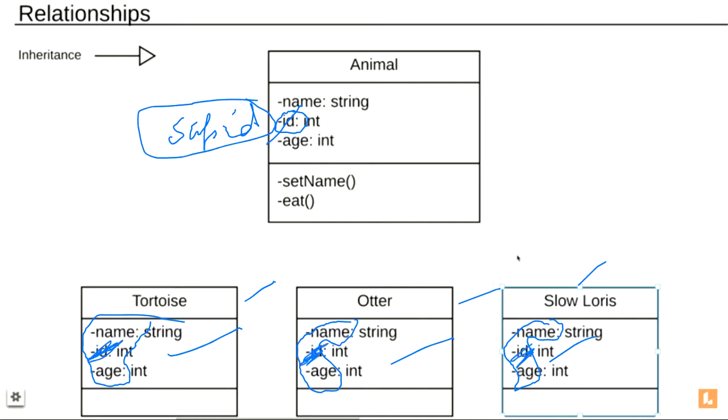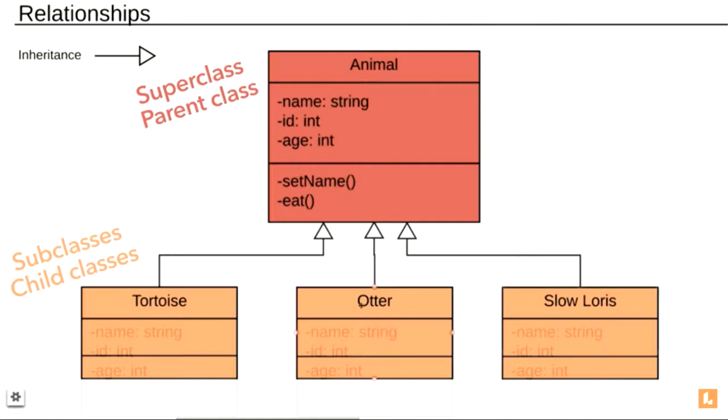Suppose you have thousands of classes, then you have to rename it again and again in thousands of classes. Instead of that, if you just directly do this inheritance, then you need not write these attributes and methods again anywhere. Automatically tortoise knows that it has attributes name, ID, age, and it has functions set name and eat. Same with lion and same with tiger.